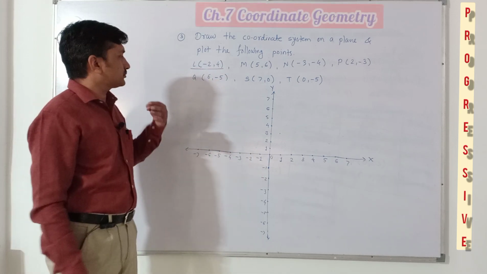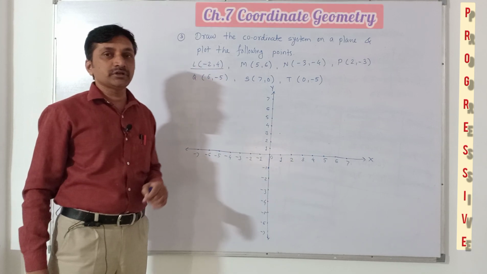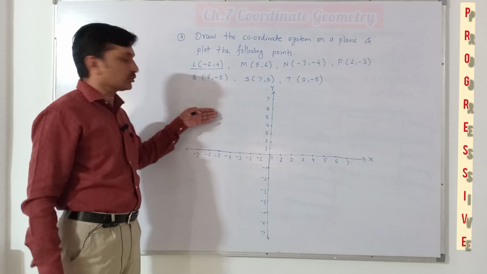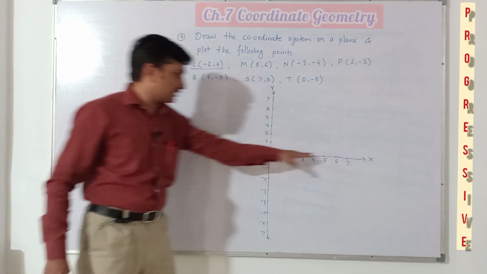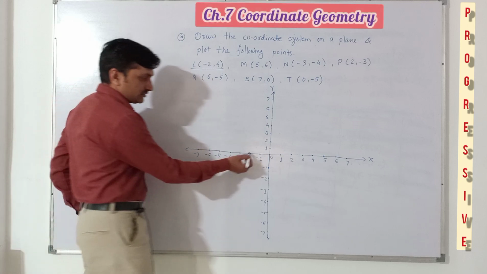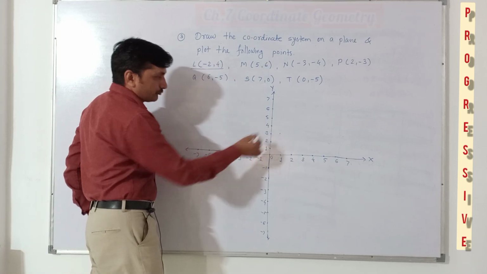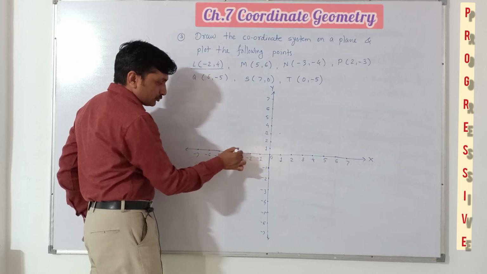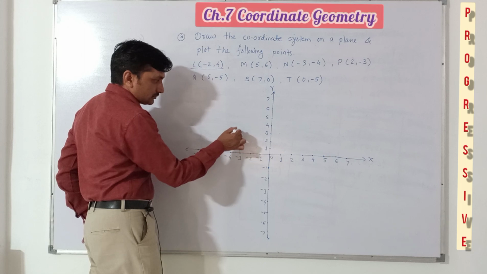If I ask in which quadrant does it lie, in negative positive, it will come in second quadrant here. Then -2, you see -2 point on x axis first, -2 is here on x axis, and 4 is here. Therefore you have to draw, it is coming in second quadrant, draw such a dotted line.